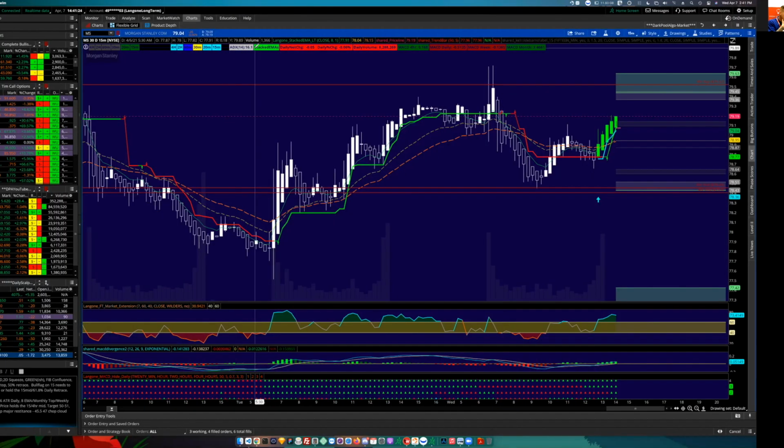Our EMAs are stacked on the 5-minute. These are some things that I look at here. Our multi-time frame squeeze histograms are positive, and we have medium compression squeeze on the 30, the 60, and the 2-hour.